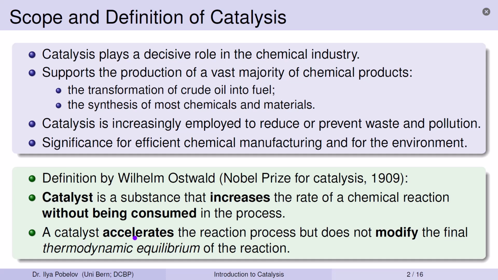Importantly, a catalyst accelerates the reaction process but does not modify the final thermodynamic equilibrium of the reaction. This unique characteristic of catalysts to speed up reactions without undergoing any net chemical changes is what makes them invaluable in various chemical processes, including those in industrial applications.